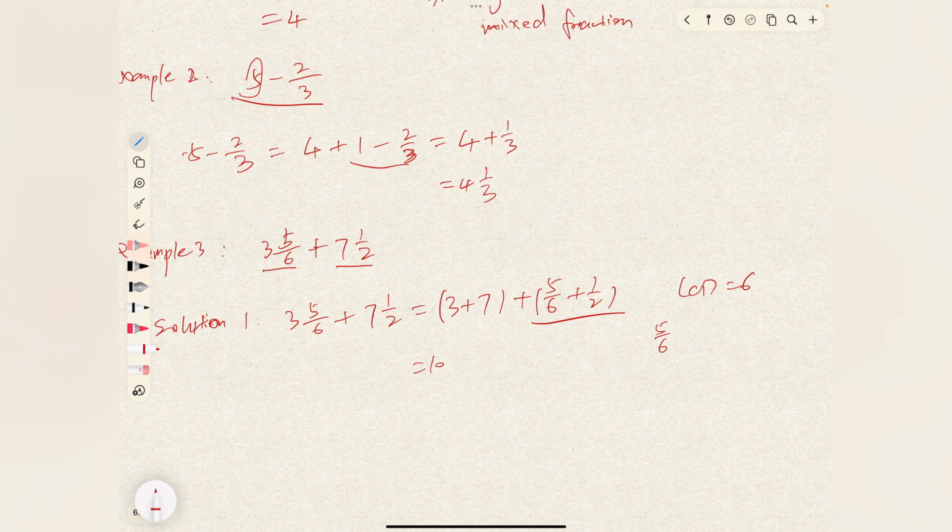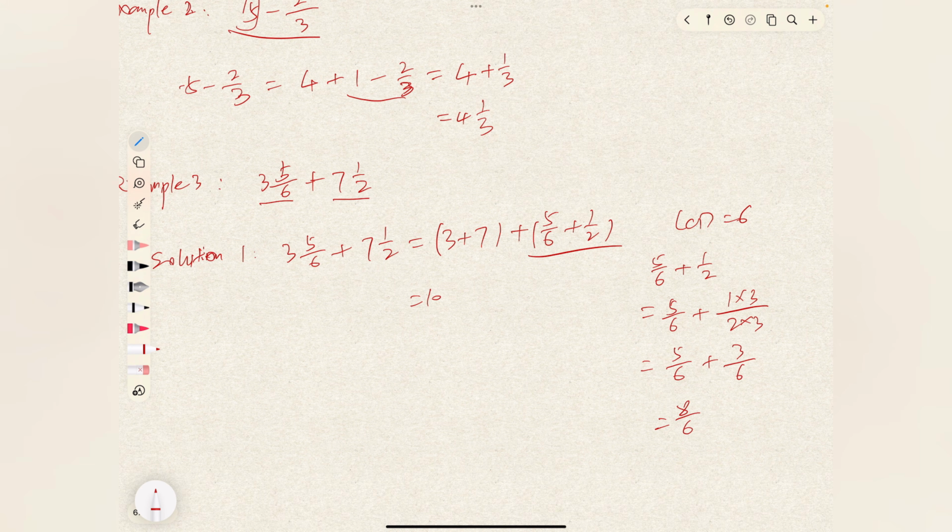So 5/6 plus 1 times 3 over 2 times 3, that would be 5/6 plus 3/6. That's 8/6. So that's 10 plus 8/6, 10 8/6, but we can simplify this one by dividing by 2 on the top and bottom, so it's 10 4/3.